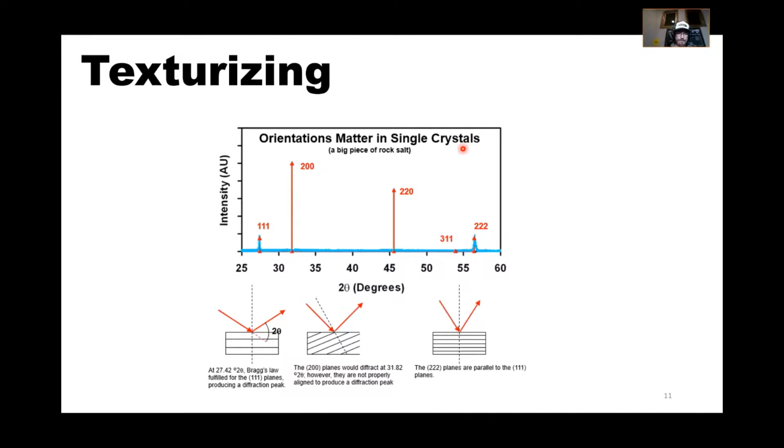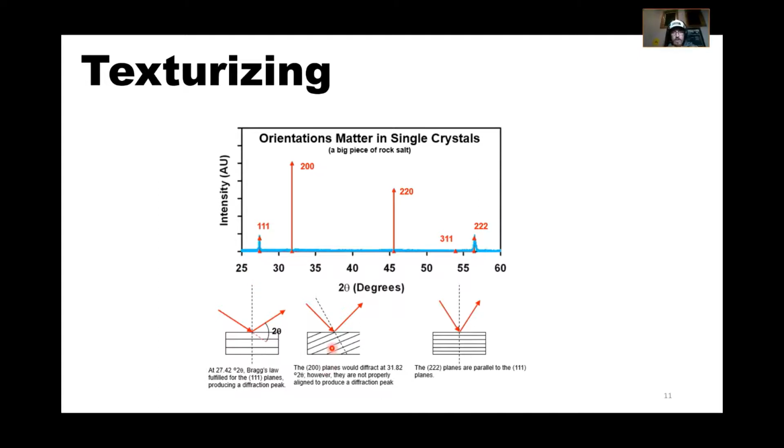Texturizing. With texturizing, you can tell the orientation of your specimen, and that'll become more clear on these next slides, not just this one. Here your specimen's oriented so that 111 can actually diffract, can actually show a peak.